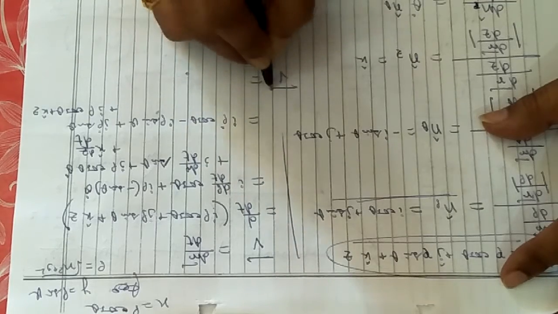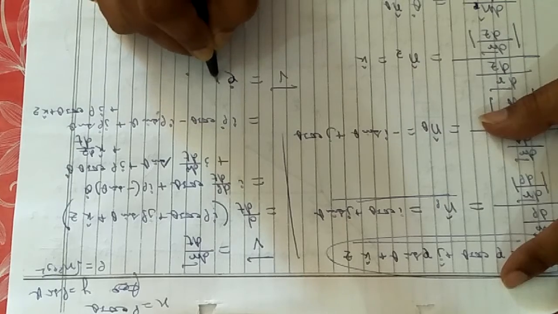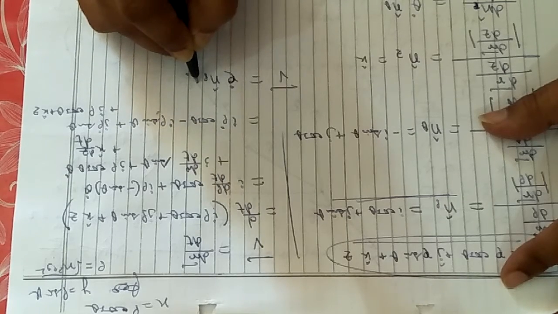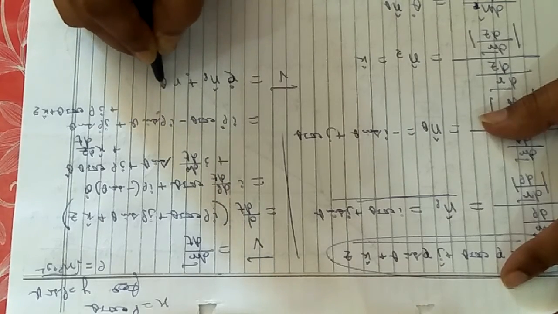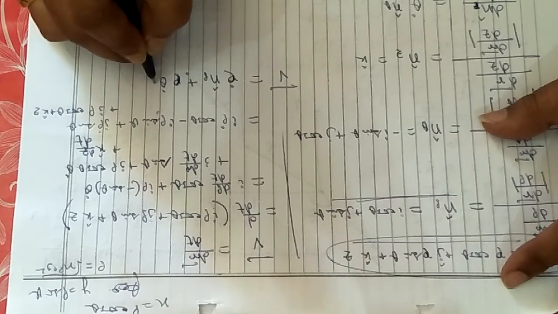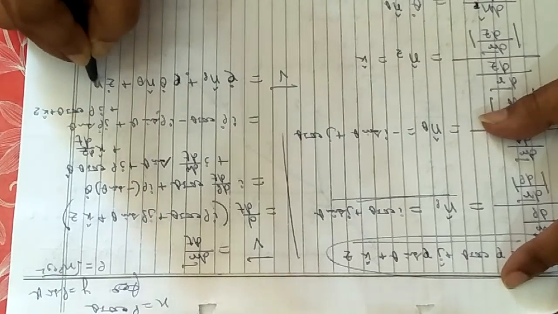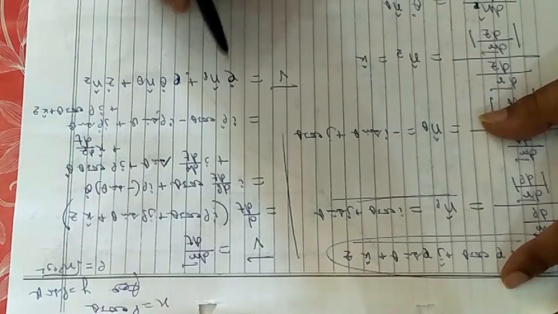Finally you will be getting v equals rho dot into n rho cap plus rho theta dot into n theta cap plus z dot into nz cap.